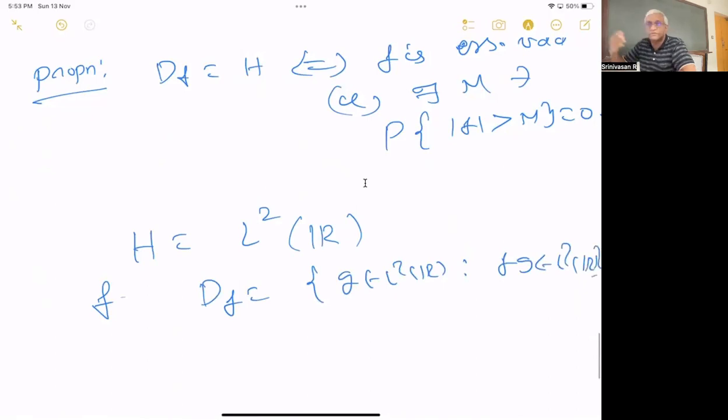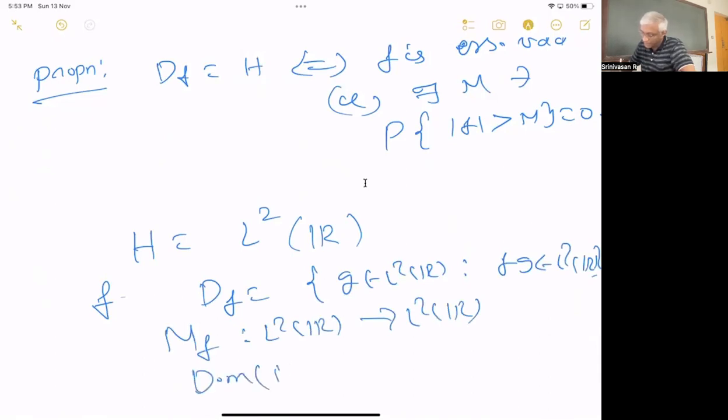Now you can define the multiplication operator from L2 of R to L2 of R with domain D F. The domain of M F equals D F. So you get operators.